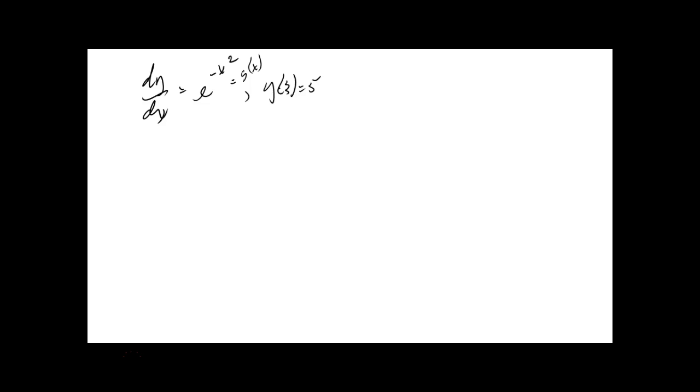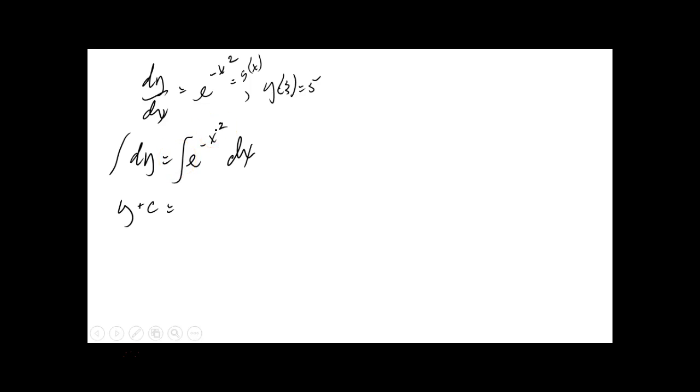What you would do is say dy is equal to e to the minus x squared dx, and you try to integrate both sides. You can't do it. This will give you y plus c, I'll put the plus c over here this time, is equal to this thing. Well, you can't integrate that.